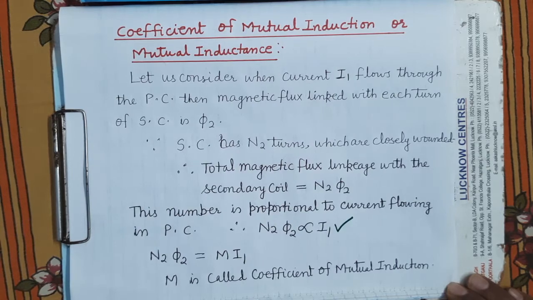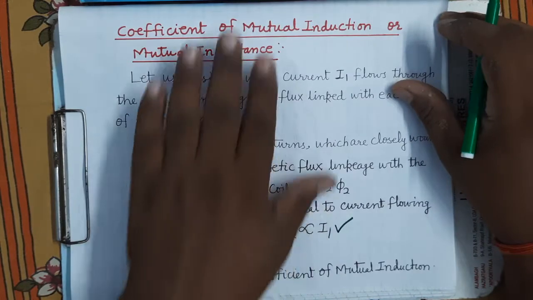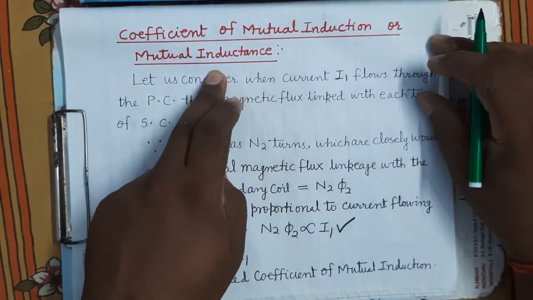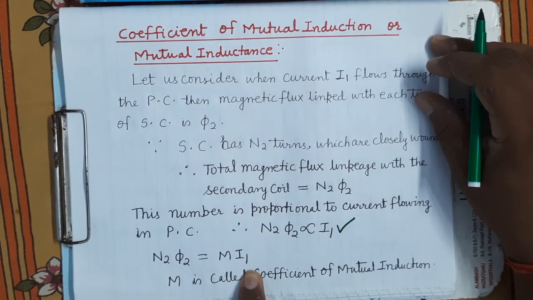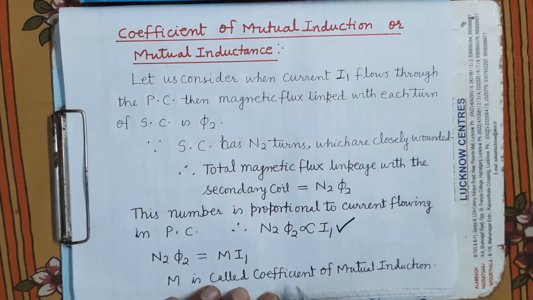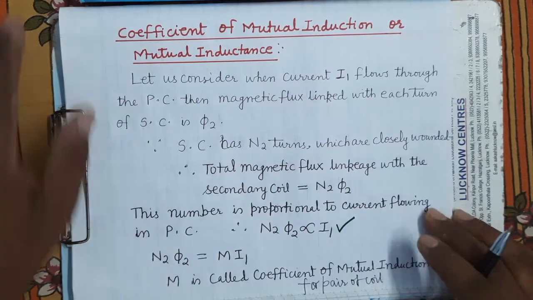M is a numerical parameter called the coefficient of mutual induction, whose other name is mutual inductance. It's clear? N2 phi 2 equals M into I1, where M is the coefficient of mutual induction for the pair of coils, because there are two coils in the mutual induction phenomenon.